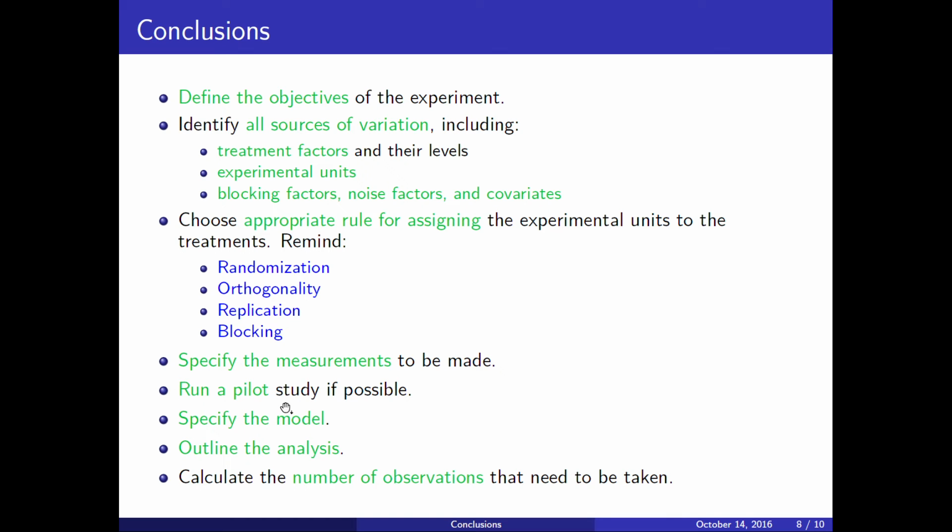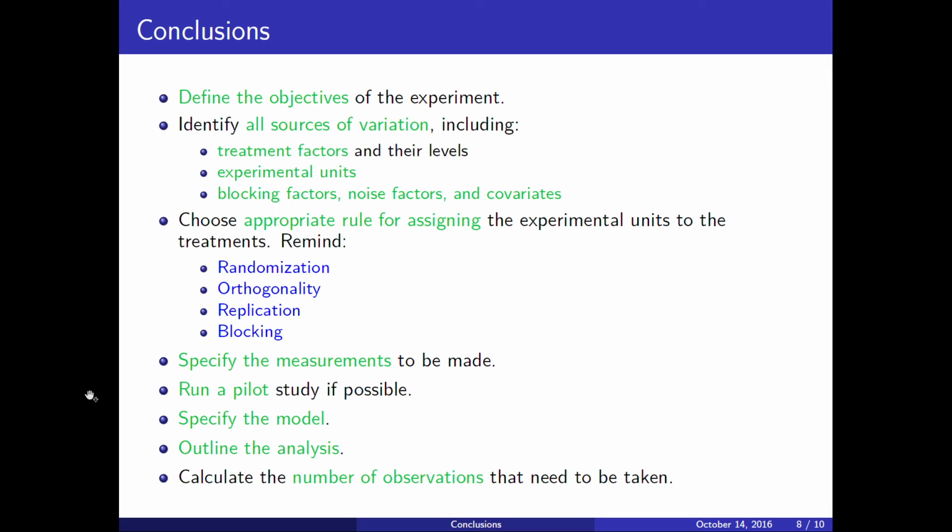You should run a pilot study if possible and needed. Not all experiments need a pilot study, only those about which you are not sure, mostly about the logistics, because about the statistics, we saw at the beginning that pilot studies have very few samples, and then they imply a lot of uncertainty.